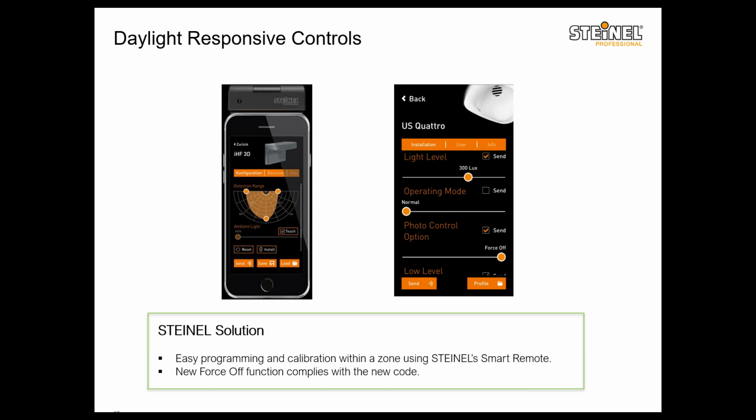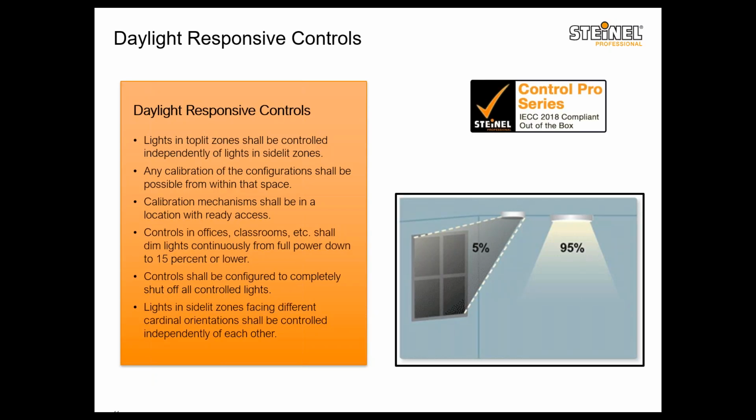And then you can see that you can adjust the settings and parameters of each individual sensor that can be used with smart remote through the same software and through the same device. So having a handheld device is quite a nice trick, because if you remember, code requires that any calibration of the configuration shall be possible from within that space, and calibration mechanism shall be in a location with ready access.